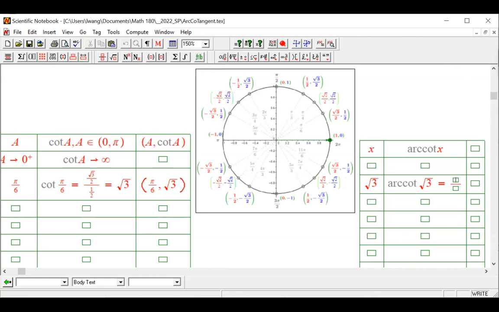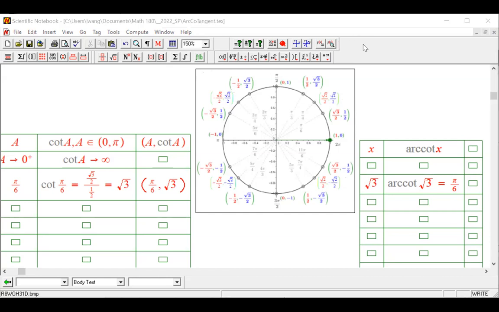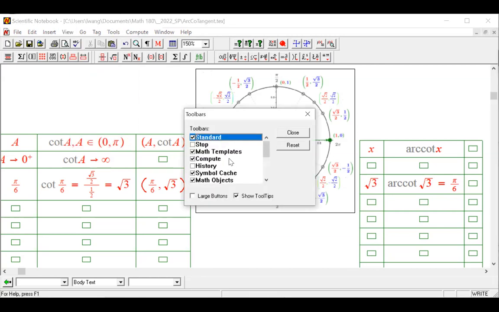Oh, gee, I think I did lose something. I lost that pi/6. Hopefully that's not a terribly big deal, because I can copy and paste. Let me hold on just 1 second. Symbol cache, math, symbol panels.